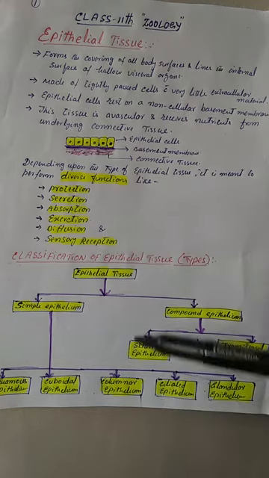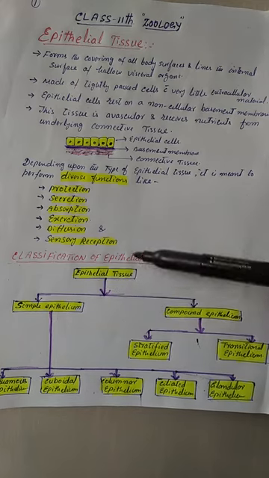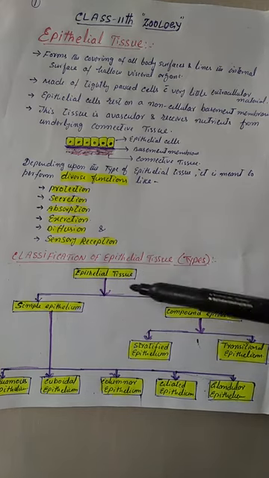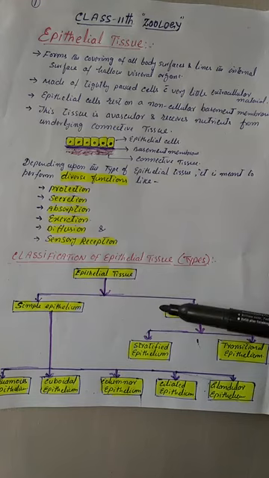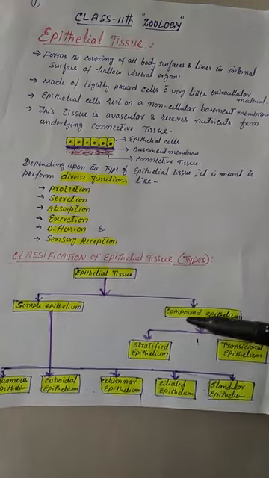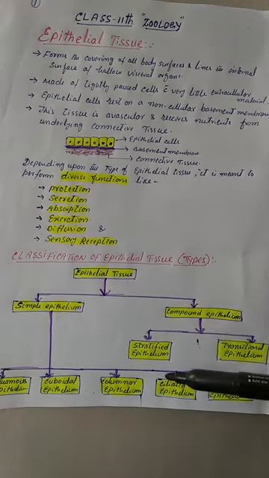Now, the types of epithelial tissue. The epithelial tissue is broadly classified into simple epithelium and compound epithelium.